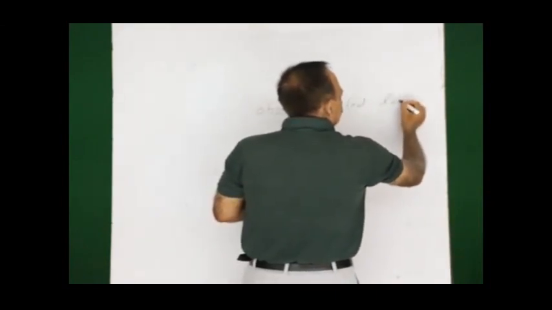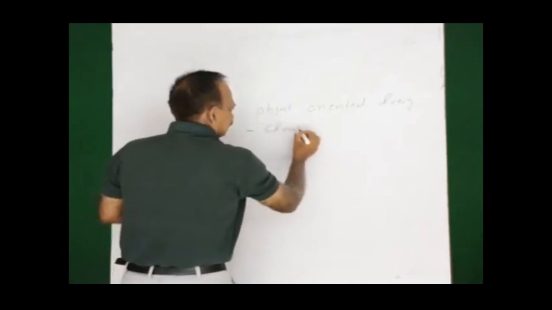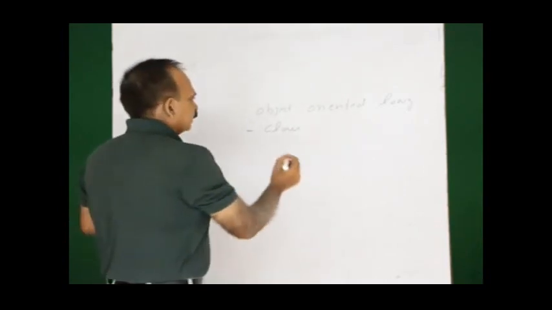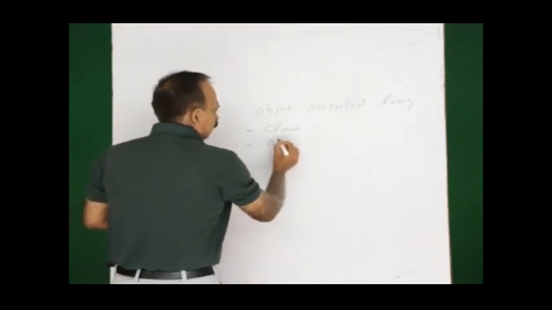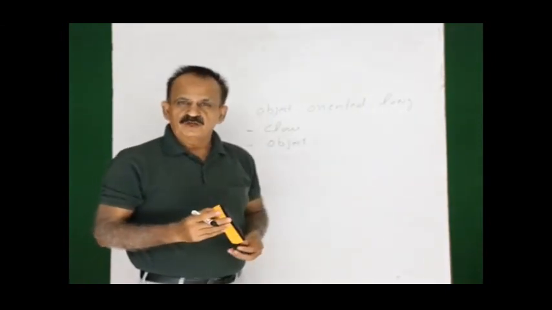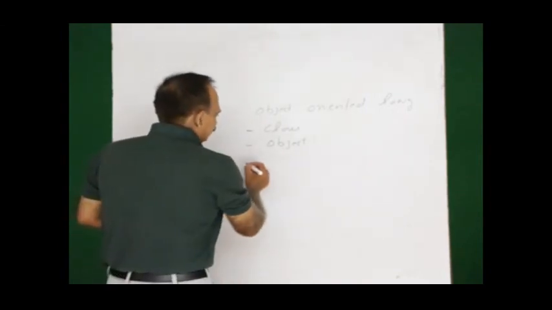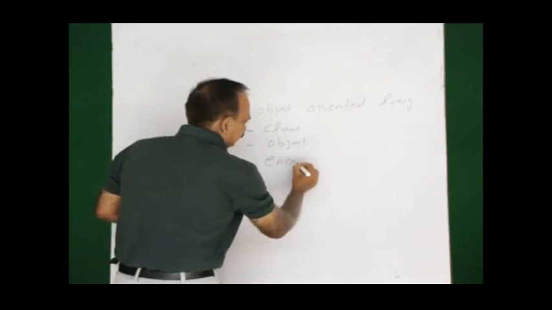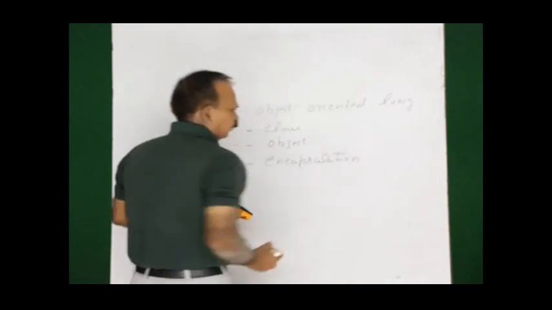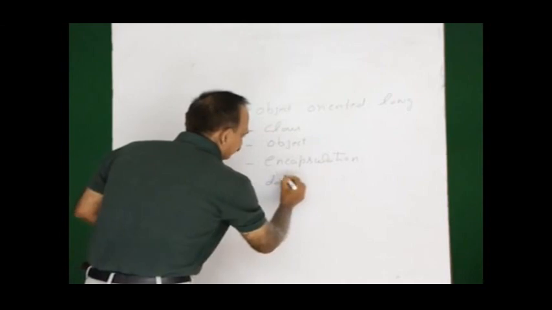Now I will come basically to the features of object-oriented language. No doubt the first basic feature is the class. This is the most important part in object-oriented programming language. The other I will be discussing will be the object. Classes and objects are important features of object-oriented programming languages. Another word which I will discuss is encapsulation. The next one is data abstraction.